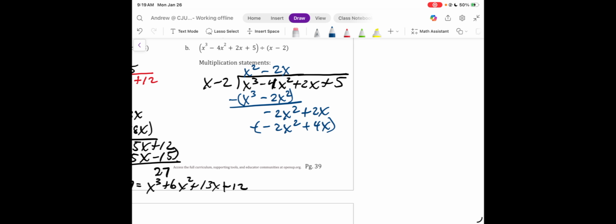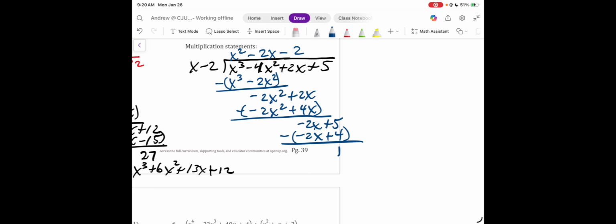Subtract them. 2x minus 4x is negative 2x. Bring down the 5. X times negative 2 is negative 2x plus 4. Subtract them, and the remainder is 1.